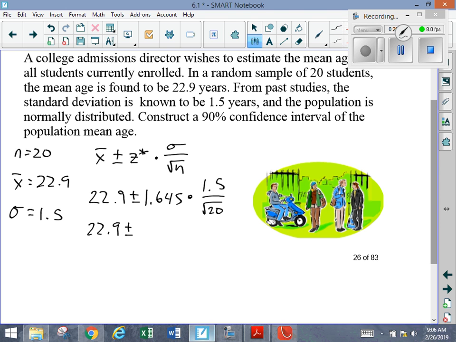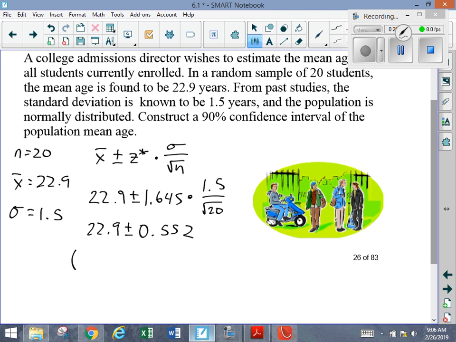So our margin of error is approximately 0.552. And now in order to calculate the interval, I'm going to add 0.552 and subtract it. First I'll subtract: 22.9 minus 0.552.